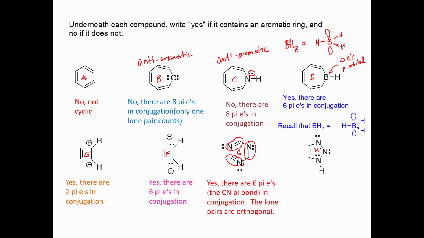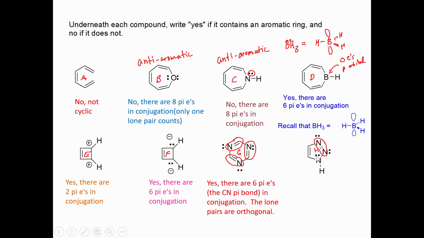And in the last one, it's a little hard to see that we have an actual double bond here. But what we see here is that these 2 nitrogens right here are part of a double bond, a nitrogen-nitrogen double bond. And this nitrogen here has 3 sigma bonds and a lone pair.